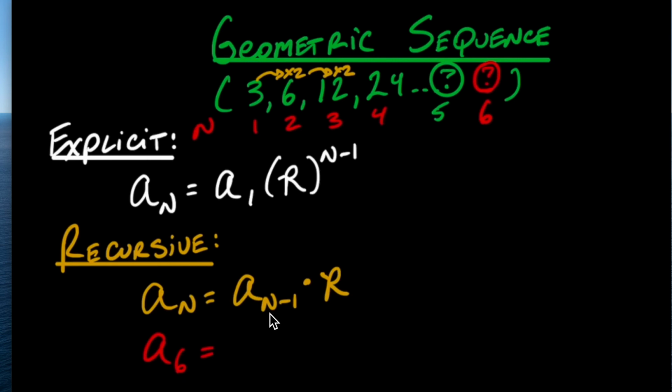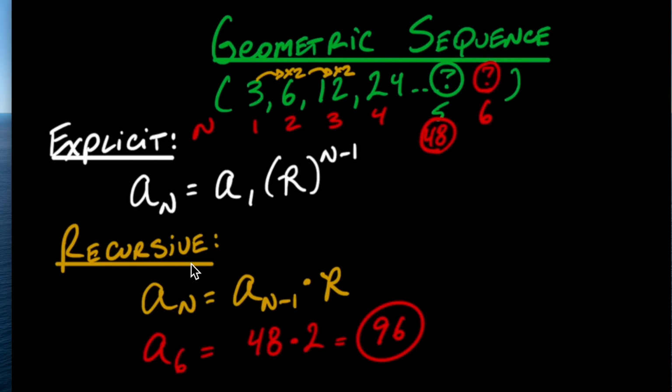You take the value 1 position to the left. Again, when you see A, think V, value at n minus 1. What's the value at n minus 1? Well, we knew that was 48 from the last exercise. So you take 48 and you multiply it by 2, and that gives you 96. Don't be intimidated by the recursive formula. It is simpler.